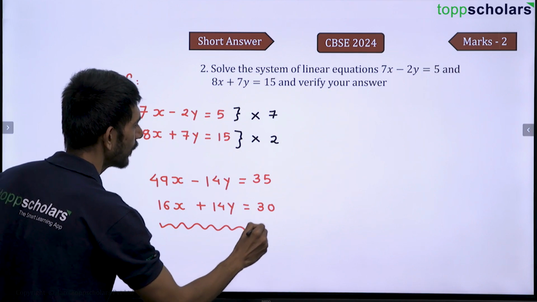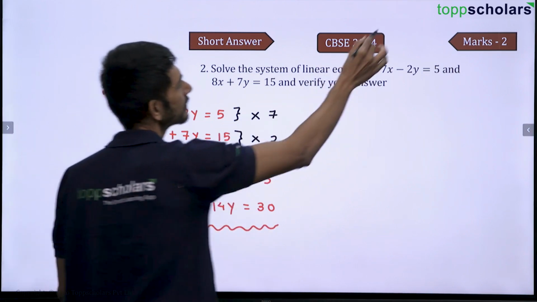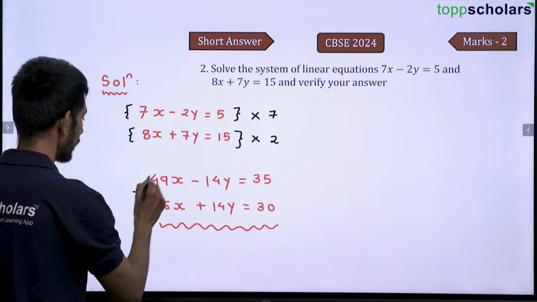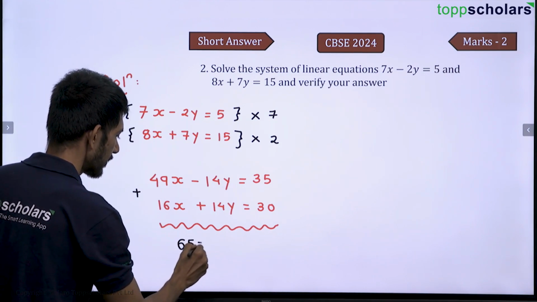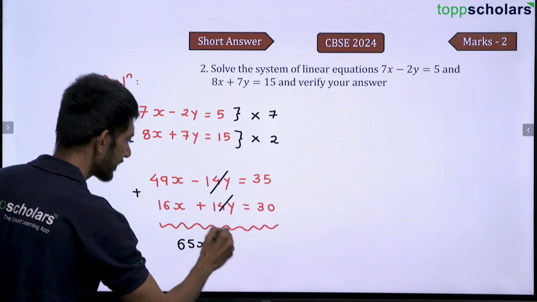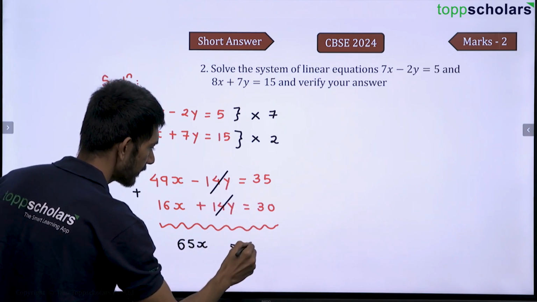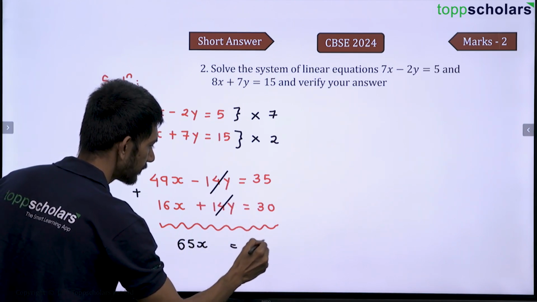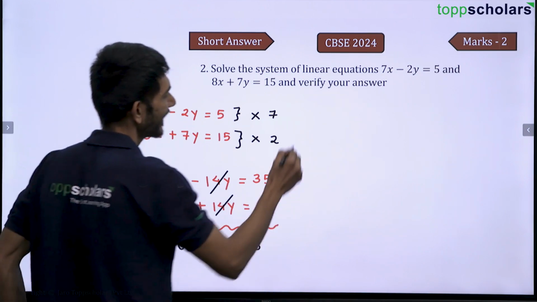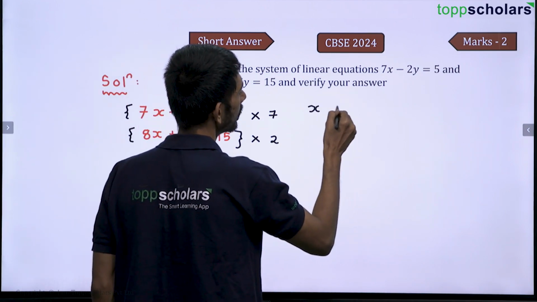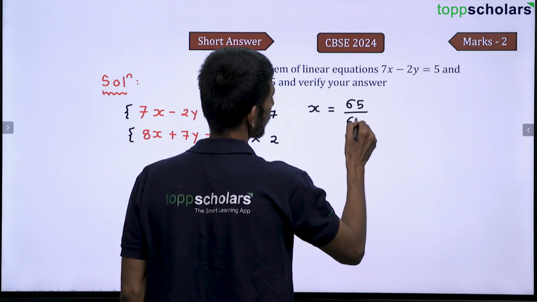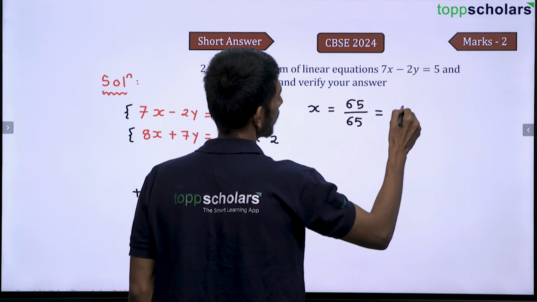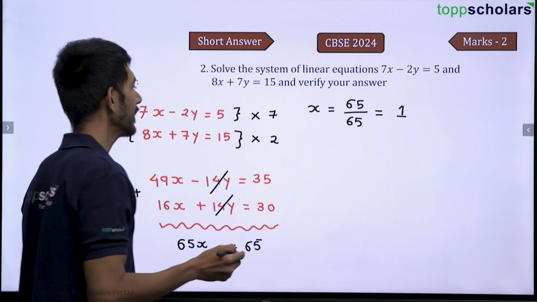So what you can do now is add the two equations. 49 plus 16 is 65, so 65x, this gets cancelled. 35 plus 30 is 65. So can I say x will be equal to 65 by 65? That is equal to 1.